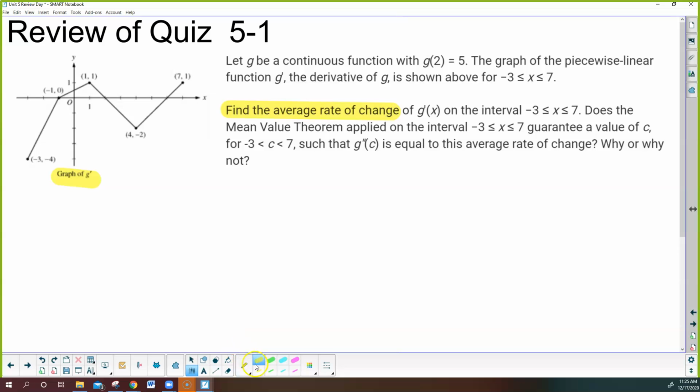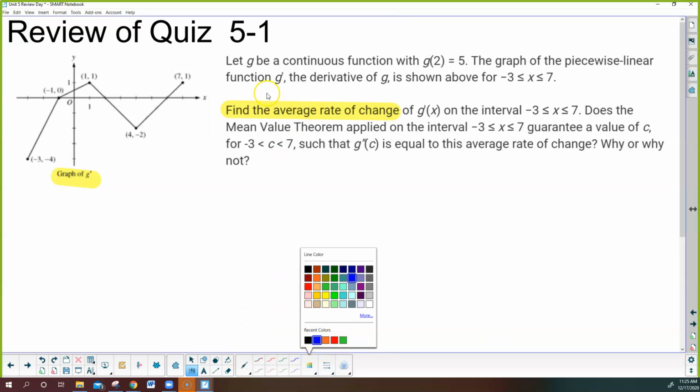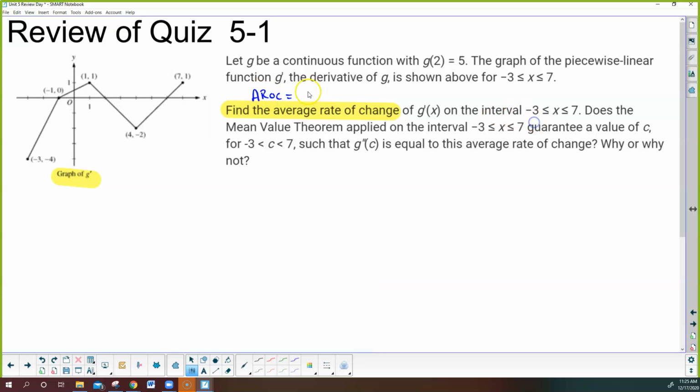Okay? And a lot of students did that absolutely perfect. So what is average rate of change? That's just slope, which we've always used. Well, now we have to find it between -3 and 7. Well, -3 is your first x value and 7 is your second x value, and they give us those points.